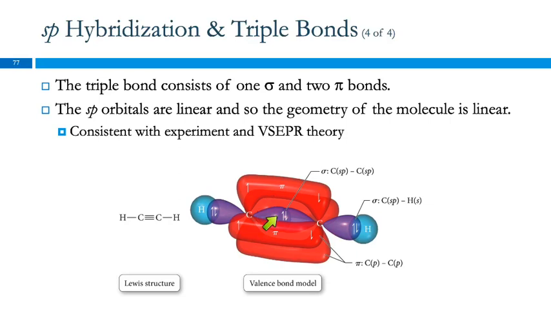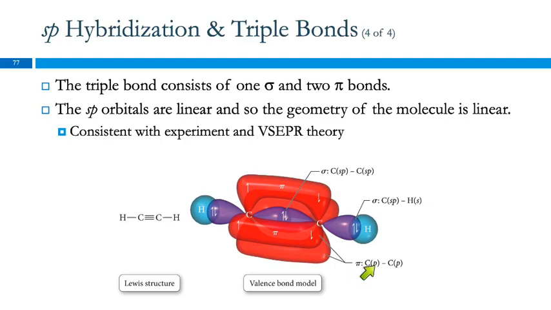So we can name these bonds. This one in the middle here is a sigma because it's end to end. And it's between two carbon atoms, and it's an sp orbital on each. This bond over here is also a sigma bond. That's the hybrid orbital sp on the carbon overlapping with the hydrogen, which is an s orbital. And that would be the same description as for this bond over here. And then I have two pi bonds.